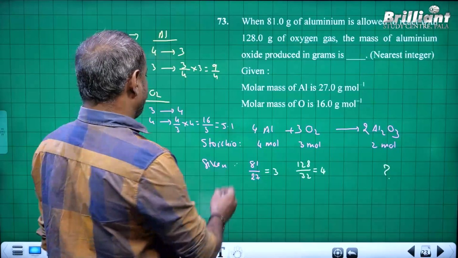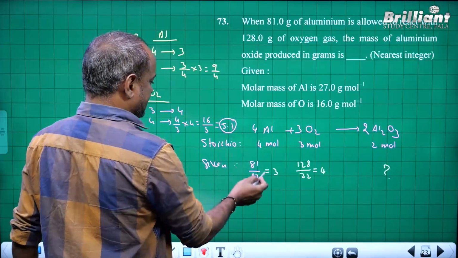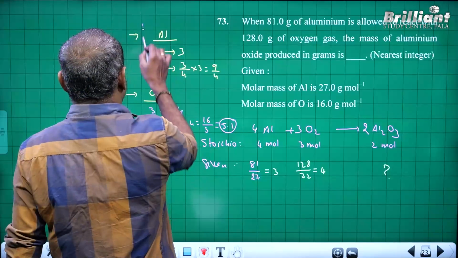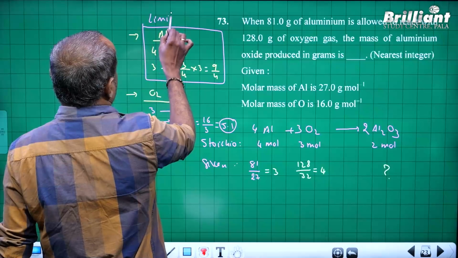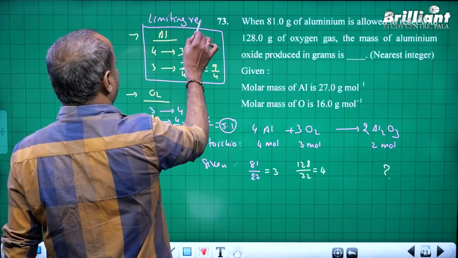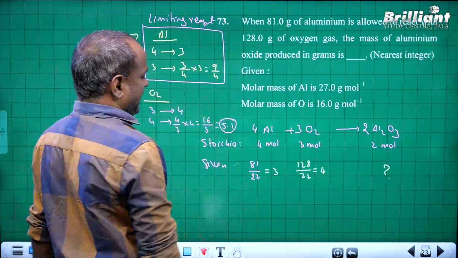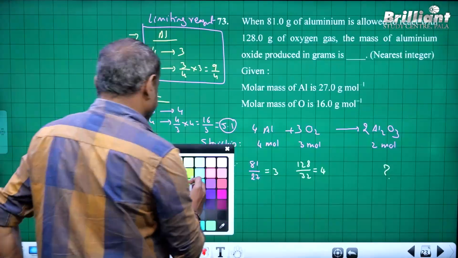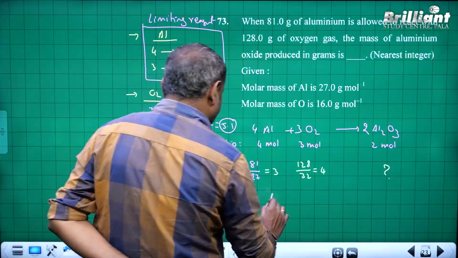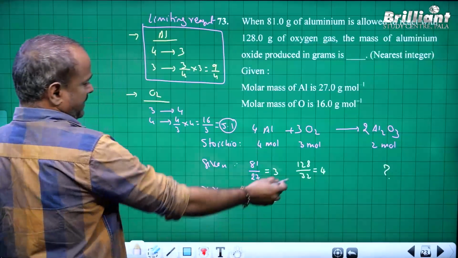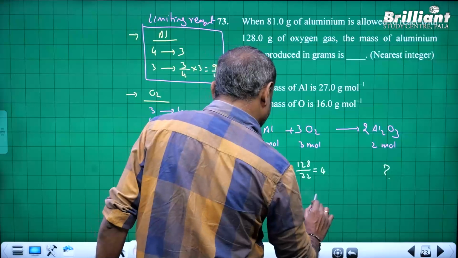So not possible, because only 3 moles are given. That is why the limiting reagent is aluminium. Limiting reagent aluminium. So the reaction takes place with 3 moles completely, here 9 by 4 moles of oxygen reacting.